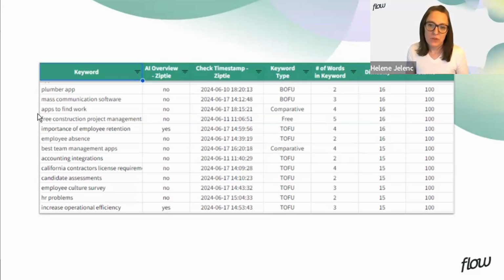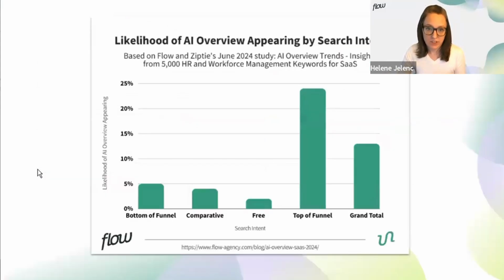We also went through and decided on the user intent between bottom of funnel, top of funnel, free or comparative, and the number of words in the keyword. We also took the difficulty and the volume from Ahrefs so that we can get a more complete picture of what's going on when we're looking at this set of keywords.